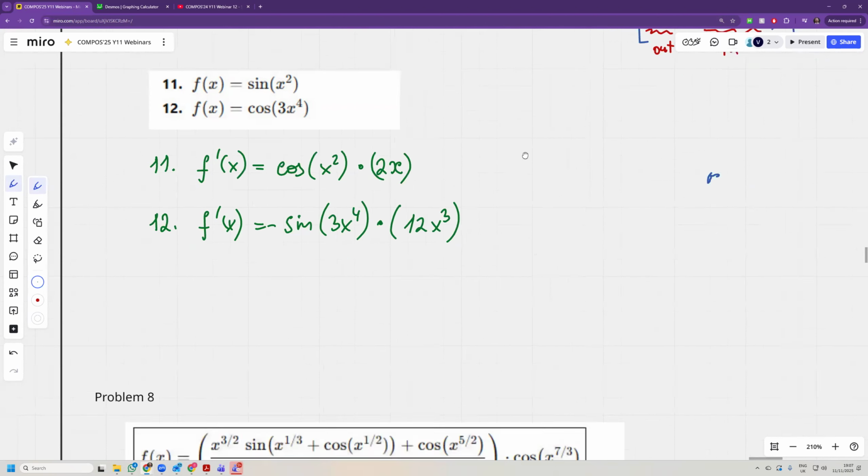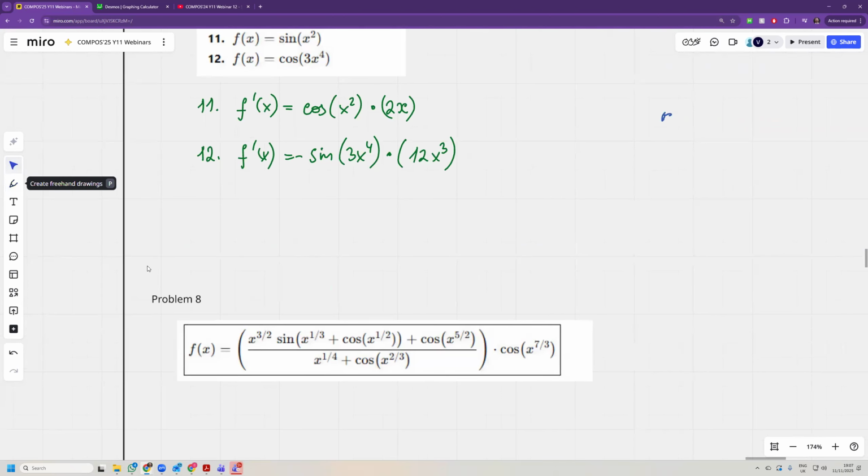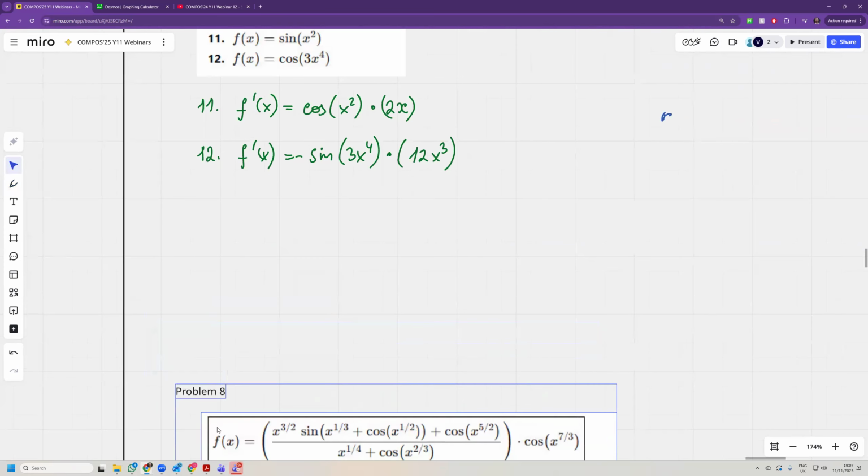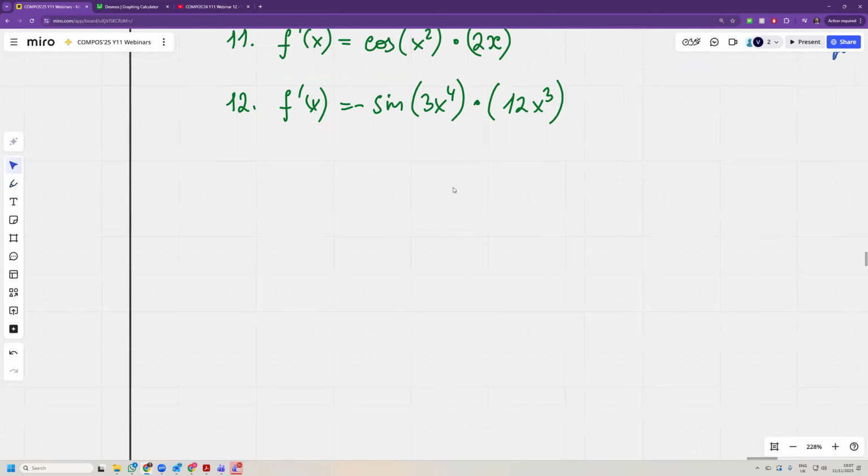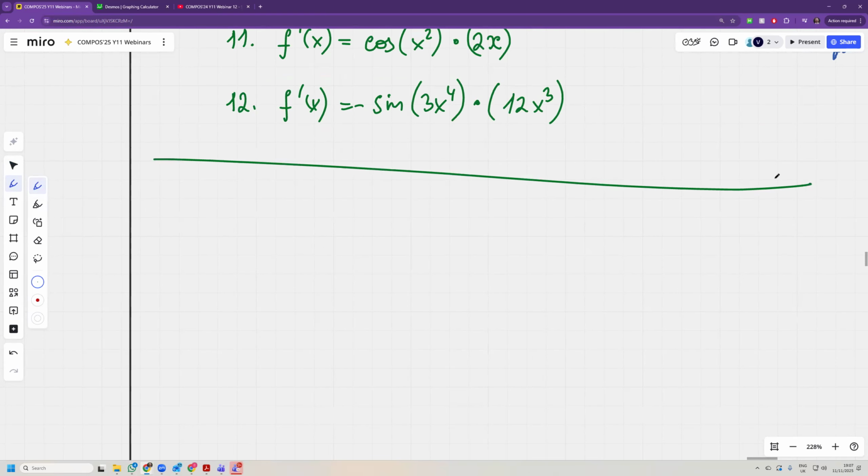So let's just recap the rules that we've studied today. We studied that the derivative of x to the power n is nx to the power n minus 1. We studied that the derivative of a constant is 0.